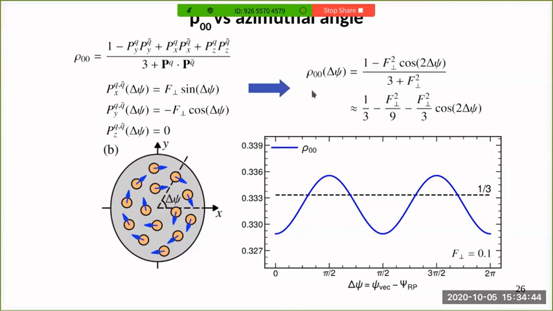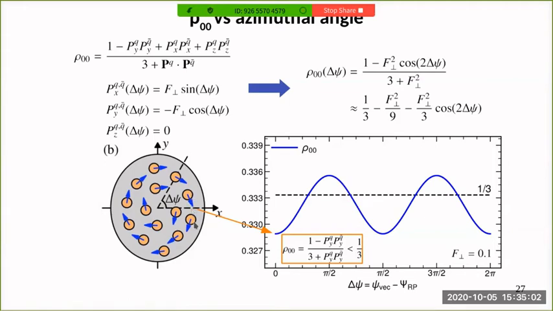So then let us explain why rho 0,0 oscillates in this way. At azimuthal angle equals 0, which is here, quarks and antiquarks are polarized in the y direction.